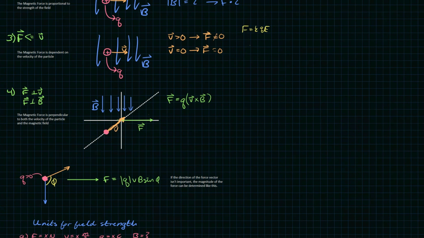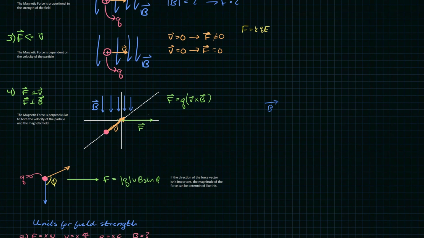So if you have velocity A, you have field B, your force will be perpendicular to both of those. This one, it would be coming out of the screen, but I can't draw in 3D, so you're just going to have to deal with it a little bit.